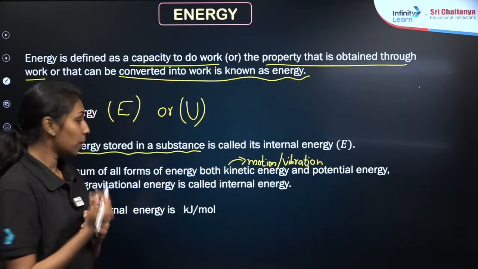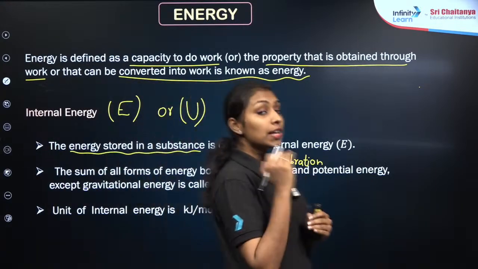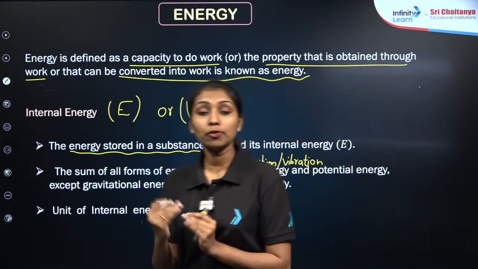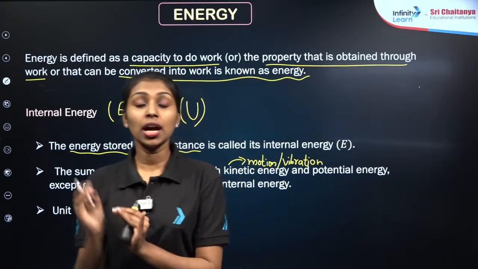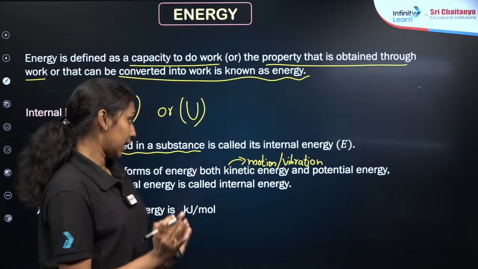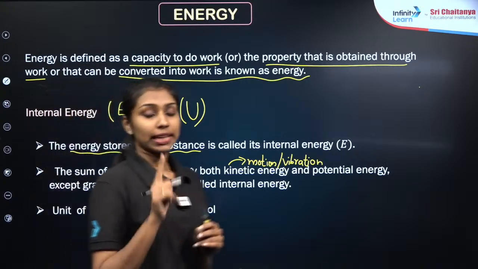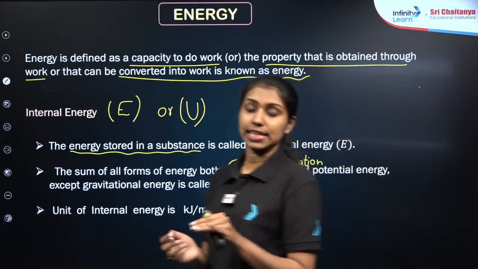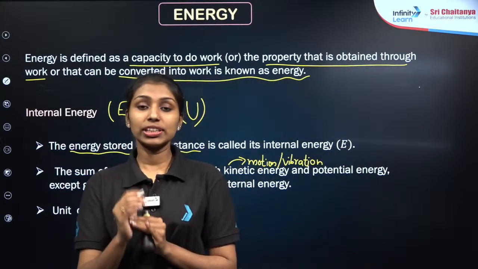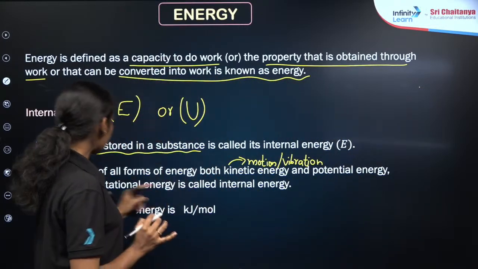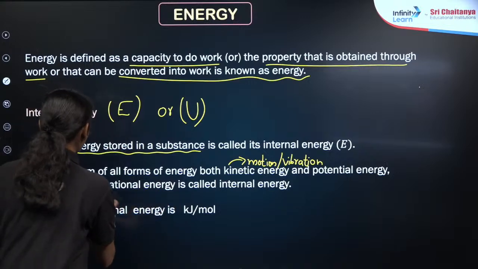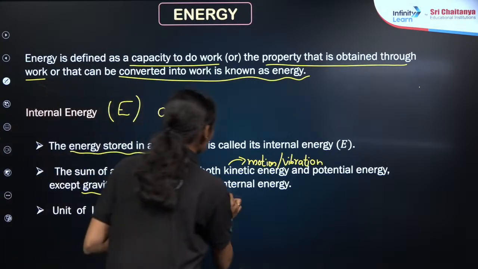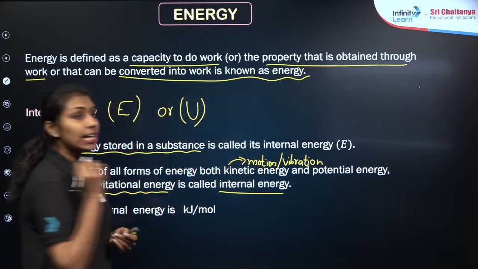So the internal energy of a system is the sum of all forms of energy, including potential and kinetic energy. There is one exception: whenever we discuss a gravitational field, there will be gravitational energy, and this is excluded. Internal energy is the sum of all forms of energy other than gravitational energy.